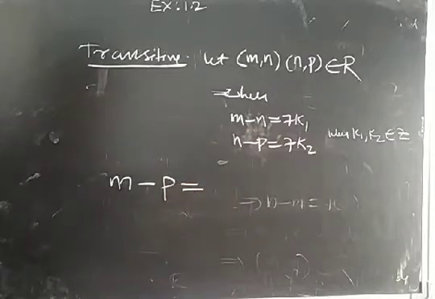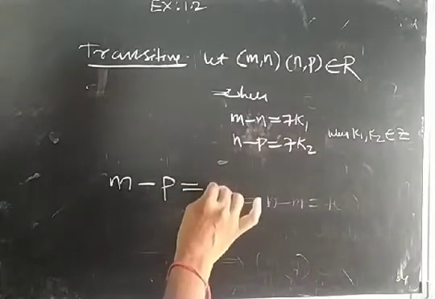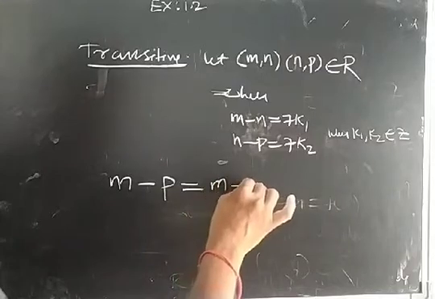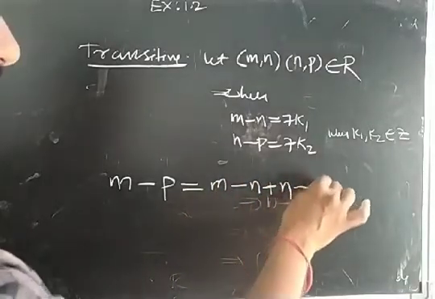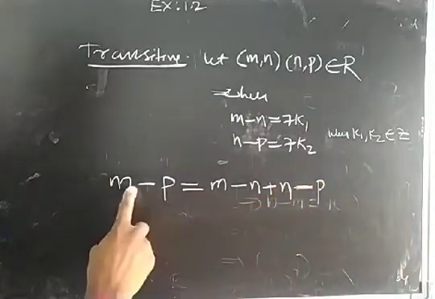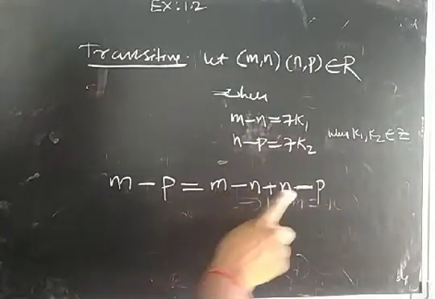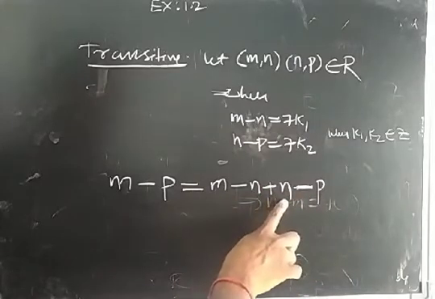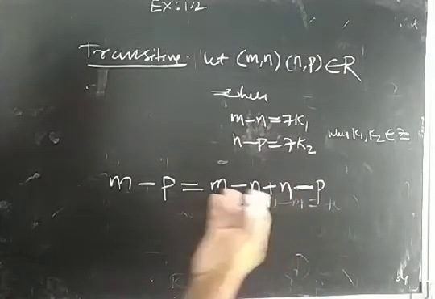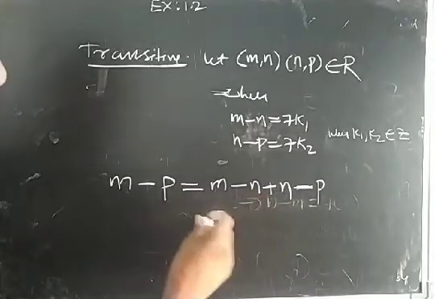How to show m minus p is a 7 multiple? I am subtracting n and adding n in between m and p. In between these two values I am subtracting n and adding plus n, so nothing will happen.